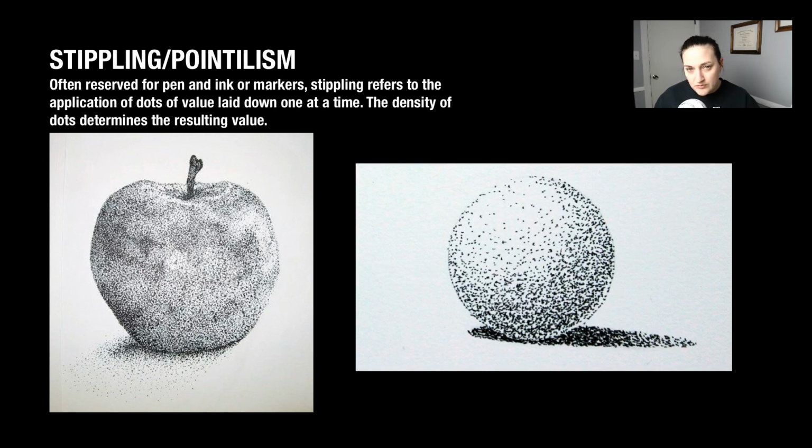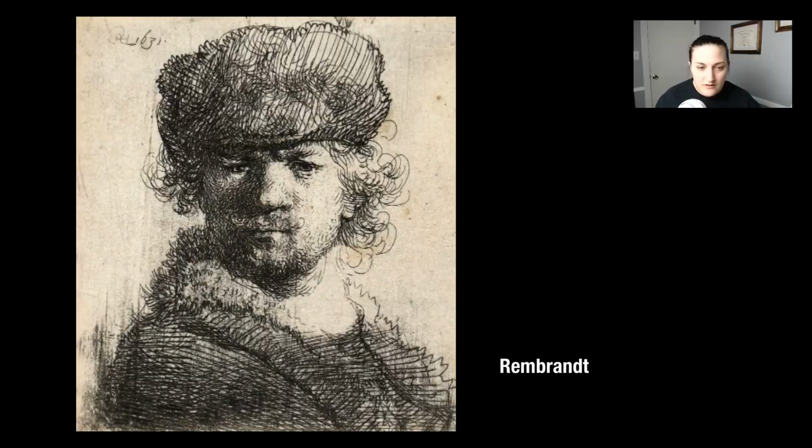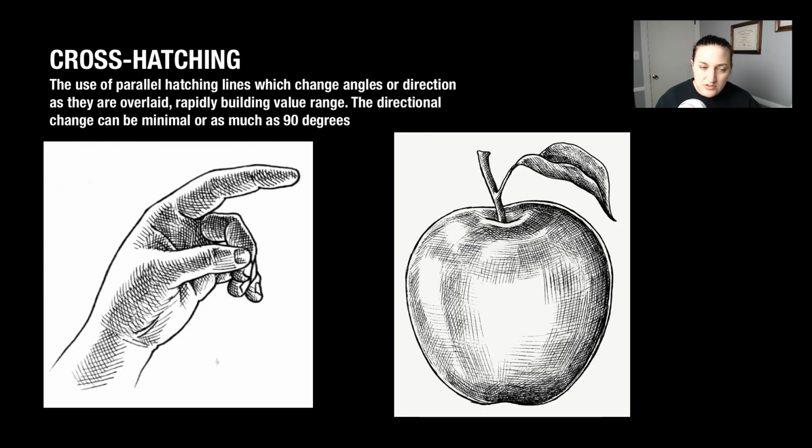Very time-consuming technique. We have cross-hatching, which is the layering of parallel hatching lines in multiple directions. So they're overlaid and they're rapidly building value because they're being overlaid. We're building these marks and overlaying them on top of each other in multiple directions, but we're specifically layering them a lot in the core shadow areas.